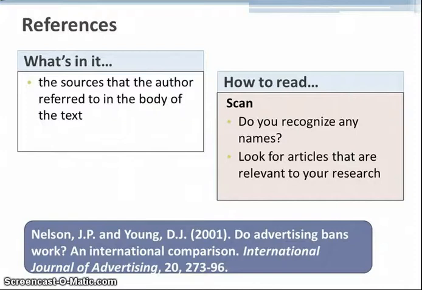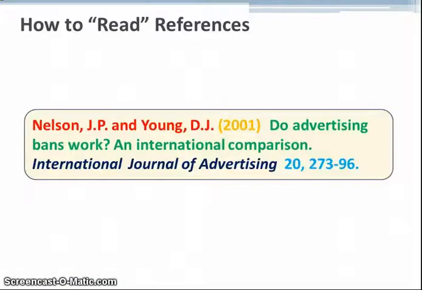And this is basically what a typical reference looks like. Let's take a closer look at the reference. Okay, so here we have, again, our authors. We've got two authors here. And then we've got a year.